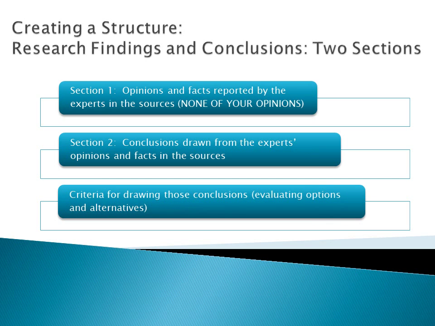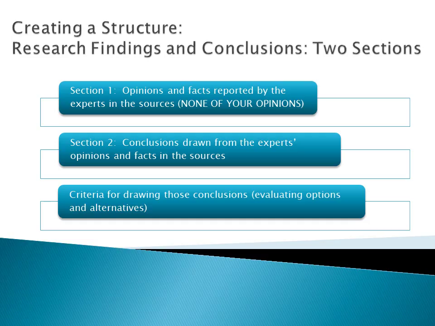Now, your opinions and facts reported by the experts in your sources go in the research findings section. You are drawing conclusions about them, but those conclusions are from the experts' perspectives, not your own.